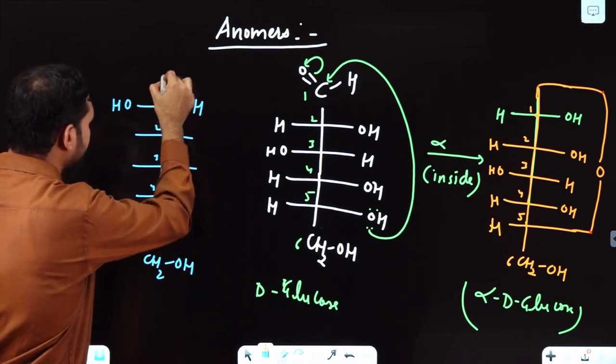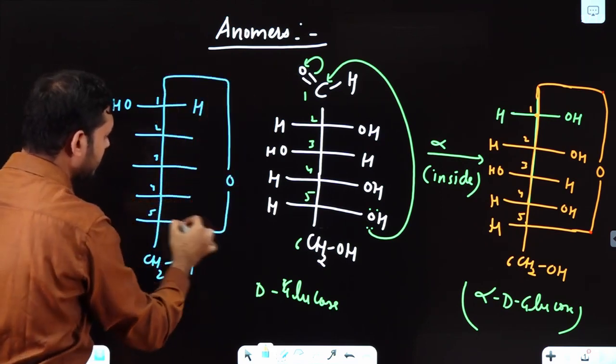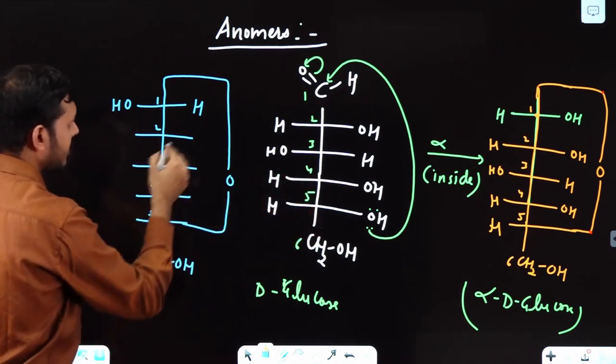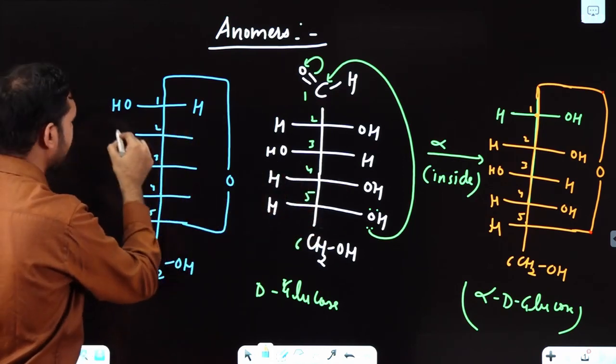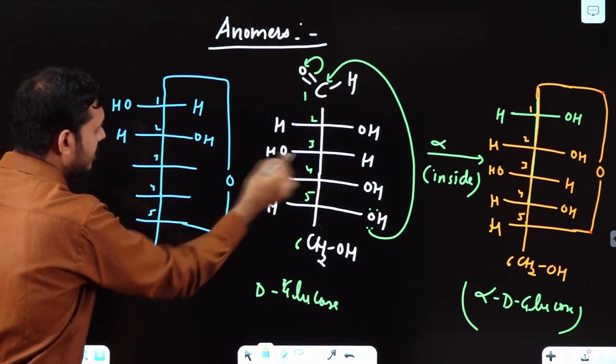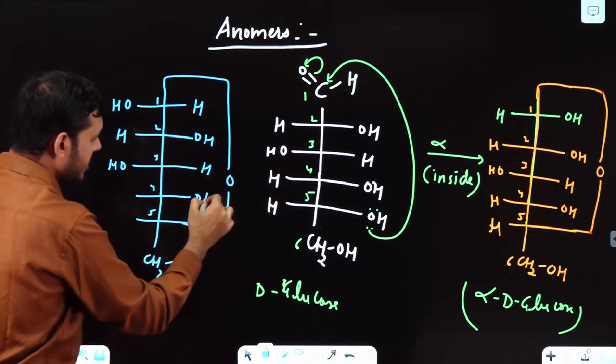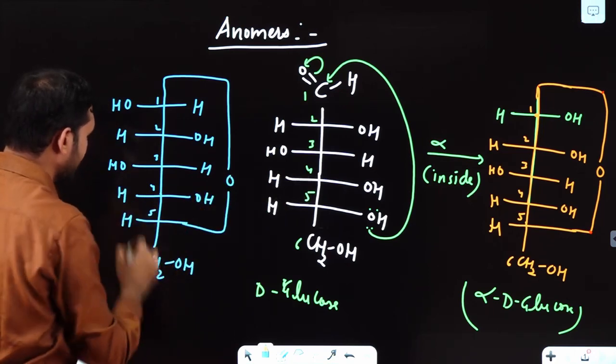Across C5, this one, right? Now first one, second one is H, OH, third is OH, H, fourth is this OH, H and fifth is H on this side.